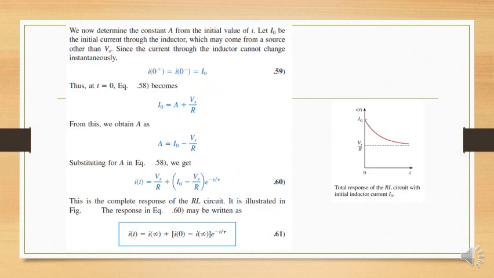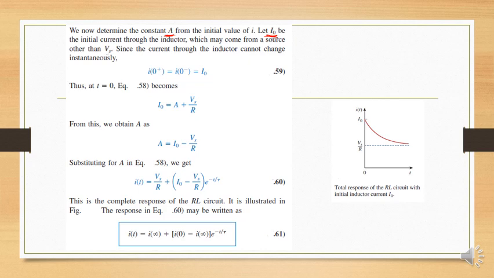We now determine the constant A, the constant which was obtained in the transient state, for the initial value of I, or I naught at t is equal to 0. We are doing the same work just with current and inductor as we have studied in case of capacitor.